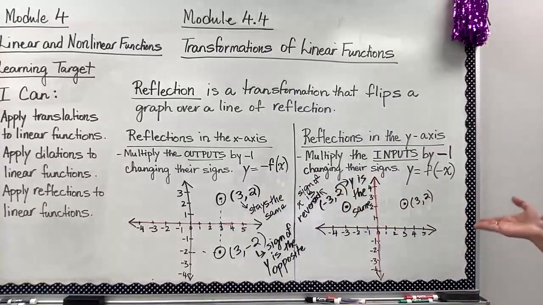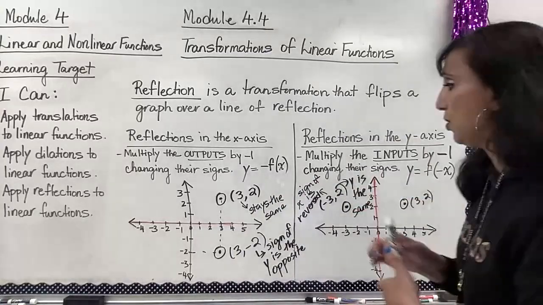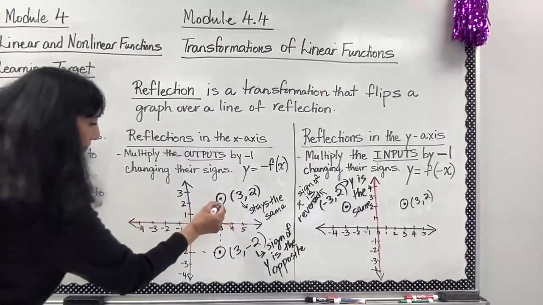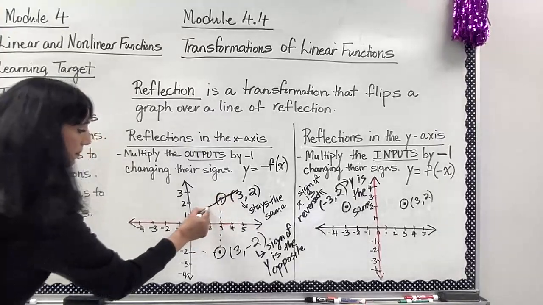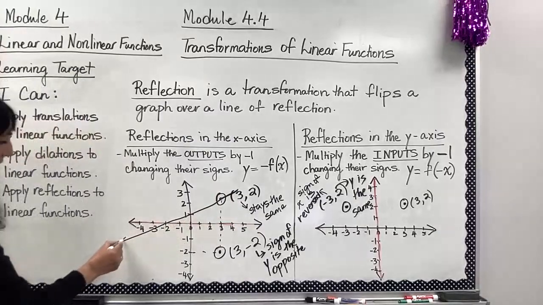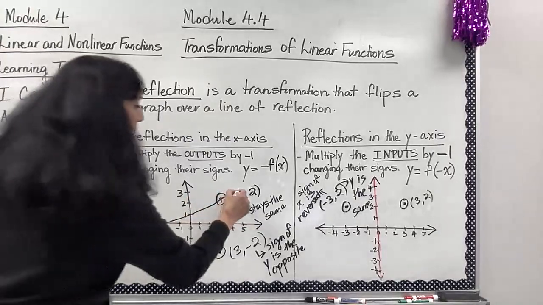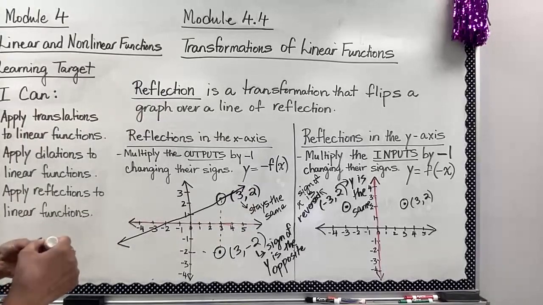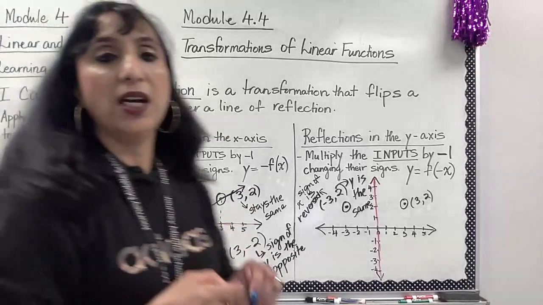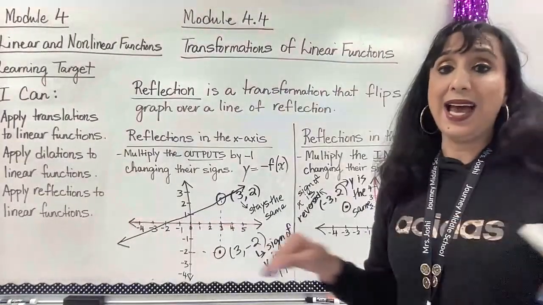For example, I might do something like this. Okay, and so I am going to look at what are my ordered pairs over here, and then I am going to reflect it on the x-axis.